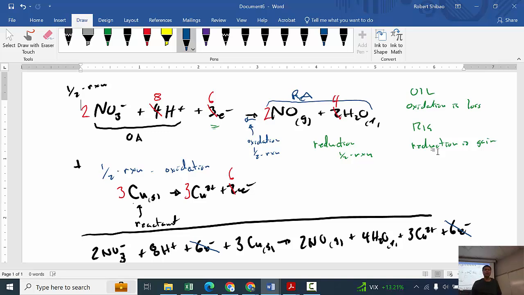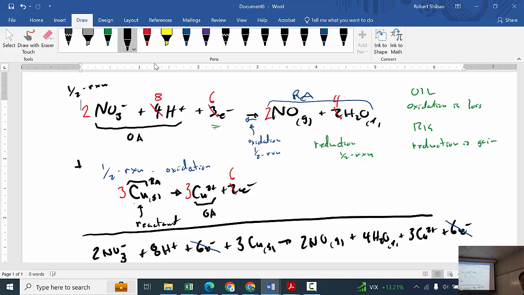And so oxidizing agents oxidize things. So the thing that oxidizing agents oxidize, these are called reducing agents. And so my reducing agent is copper. And then we have our conjugate oxidizing agent over here.